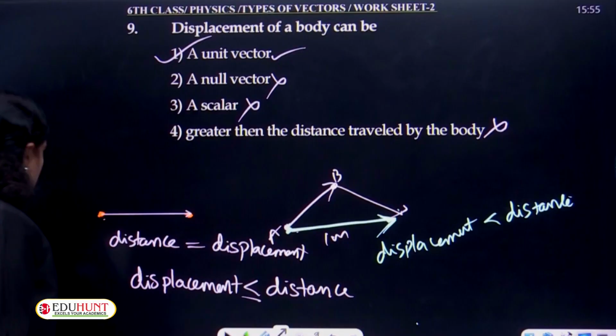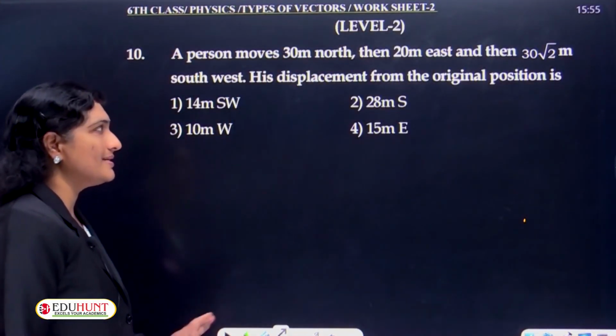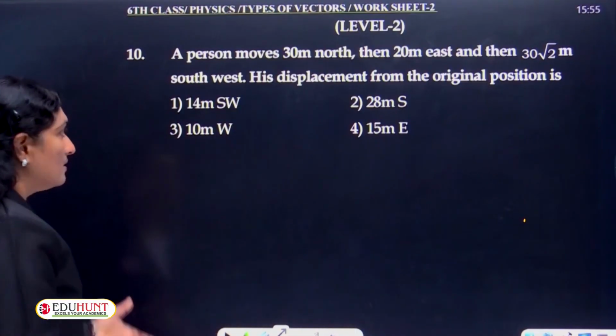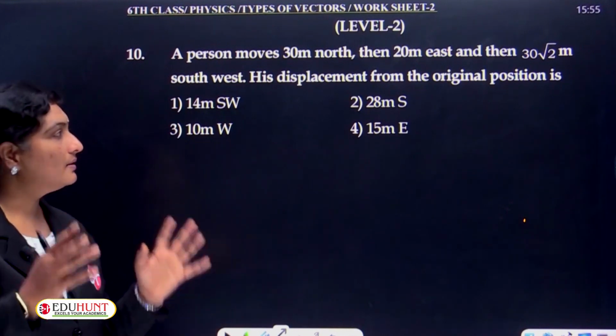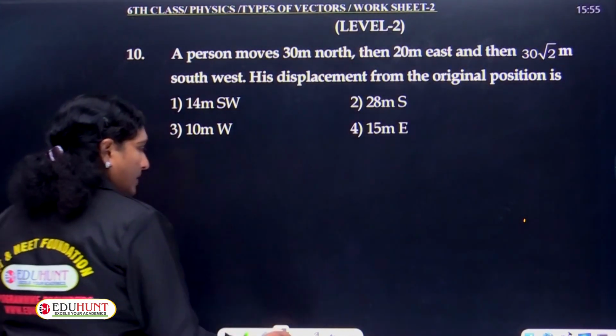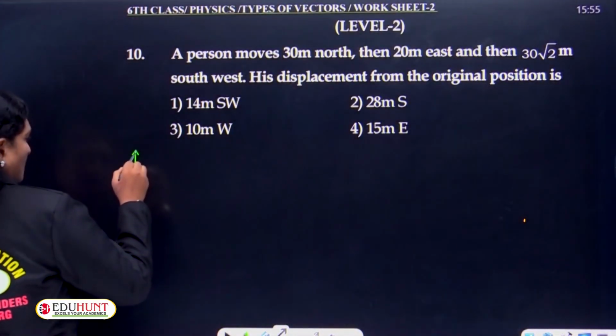So moving to the next question, children, 10th question. A person moves 30 meters north, then 20 meters east, and then 30 √2 meters southwest. In order to solve this type of problem, let us first of all consider the directions. So how are these directions? First of all, this is north.